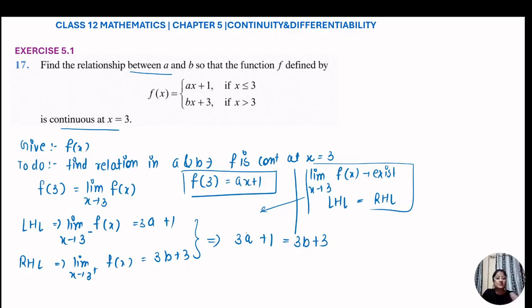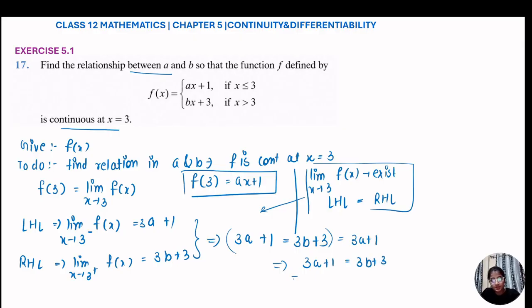If they are equal, this value will be our limit value, and for continuity, this must be equal to our function value, which is 3a plus 1. So we need 3a plus 1 equals 3b plus 3.